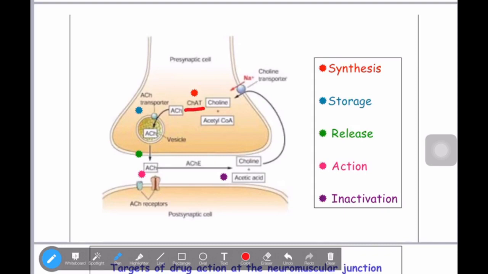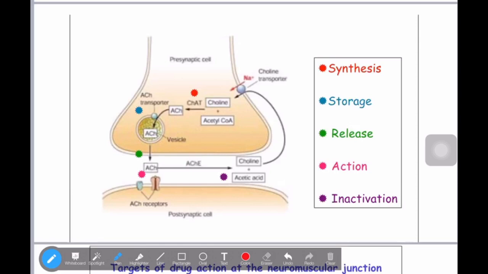After formation, acetylcholine will be stored in the vesicle. Whenever parasympathetic stimulation happens, acetylcholine will be released into the synaptic cleft and act on the receptors present on the postsynaptic cleft. So this is the process of synthesis of acetylcholine.